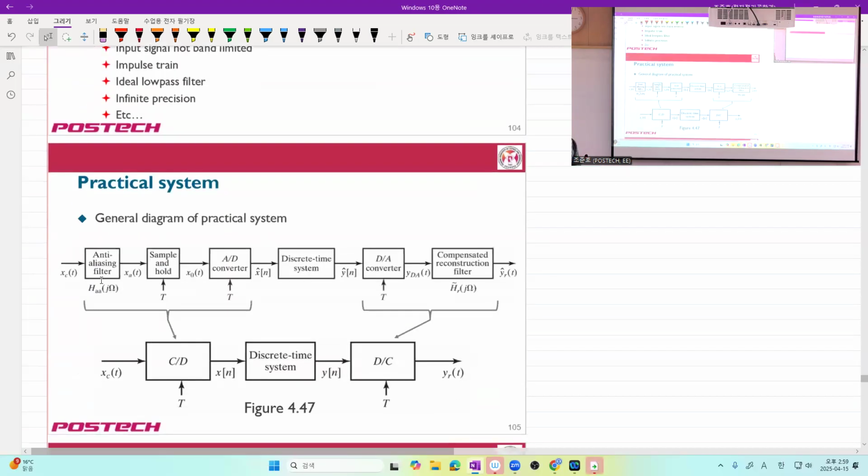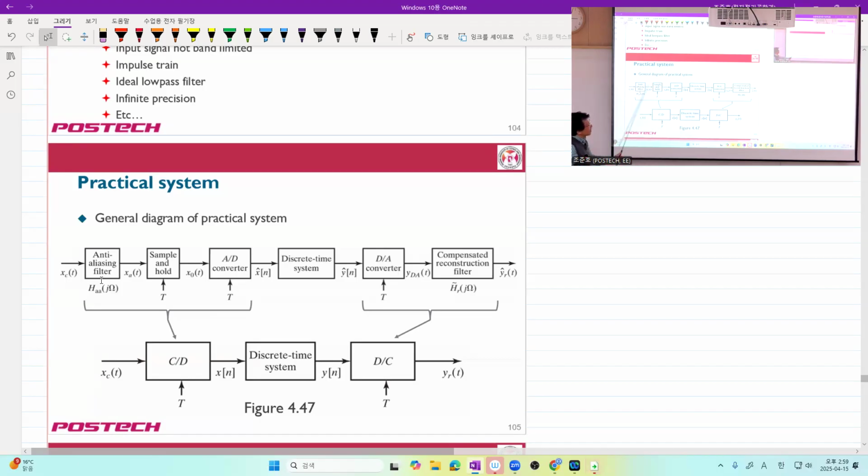And here goes a more practical diagram. So this C to D converter is converted to 3 systems. And actually, these 3 things are all in the A to D converter. And by using some dip switch type input to your A to D converter, an anti-aliasing filter can be selected, and its cutoff can be selected, something like that.